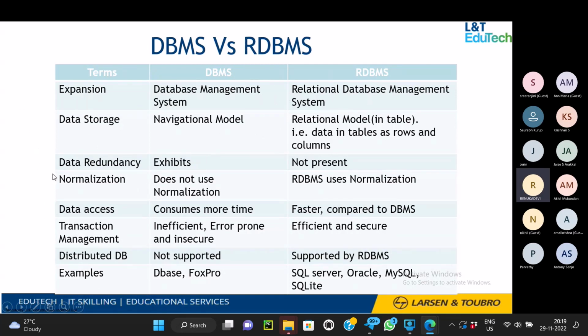In data storage, the traditional database management system follows the navigational model, whereas the relational database management system follows the relational model. Relational model means it will be using tables for storing the data and for retrieval also.